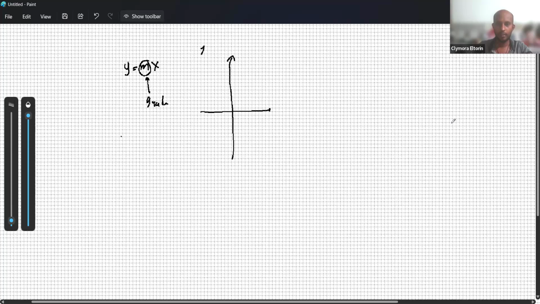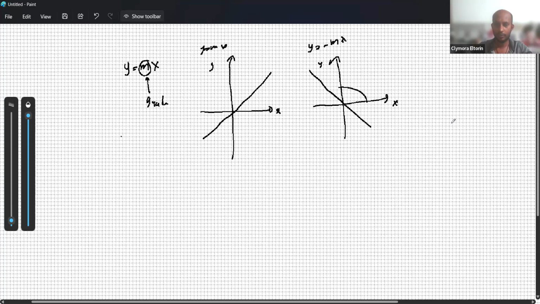If I draw the graph y equals mx, it goes through the origin, 0,0, with x here and y here. If the graph becomes y equals minus mx, it looks like this. It makes an obtuse angle from the right positive side of the x-axis.